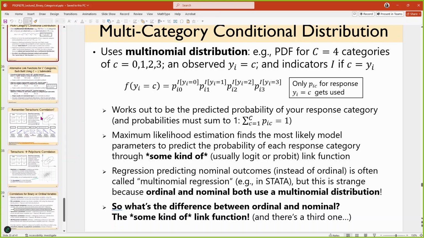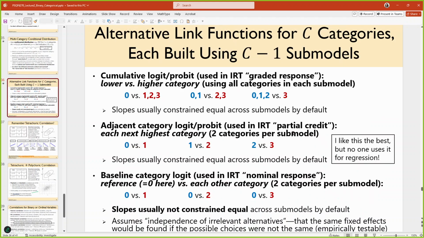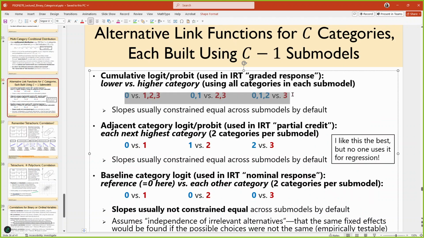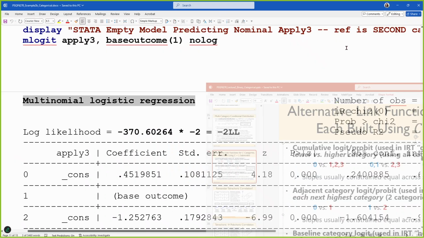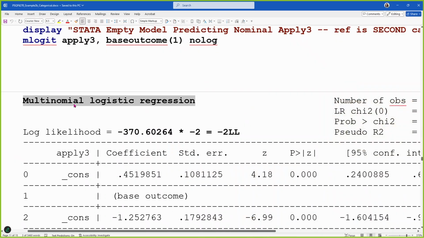They differ not in distribution, but in links. Ordinal is cumulative, adjacent category is partial credit, and baseline category is nominal. So to call something a multinomial regression doesn't actually tell you what you're doing. Unfortunately, that is the most common way of describing this. I would call this a nominal regression model. Stata calls it multinomial, and that's why this is an M.